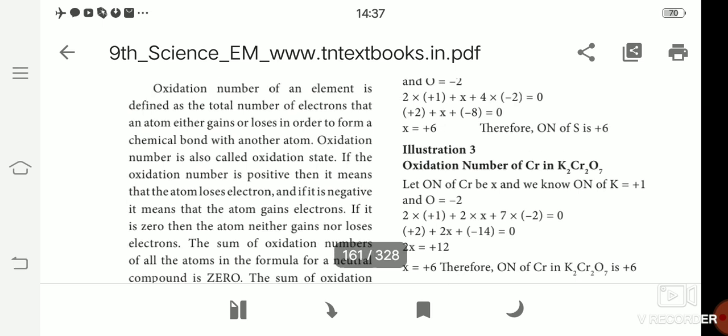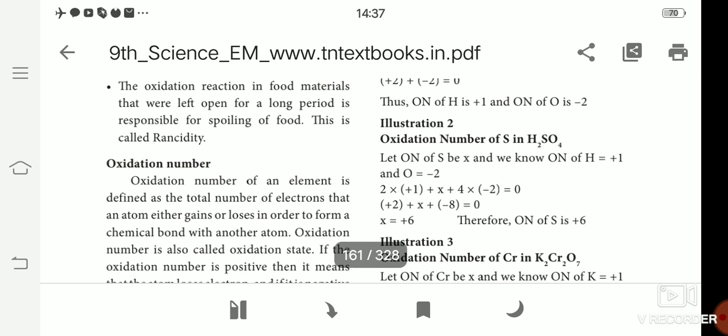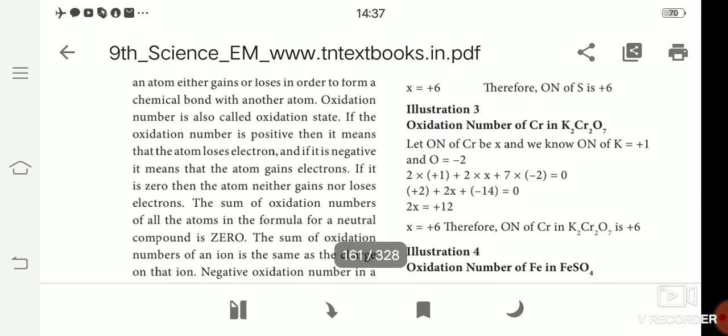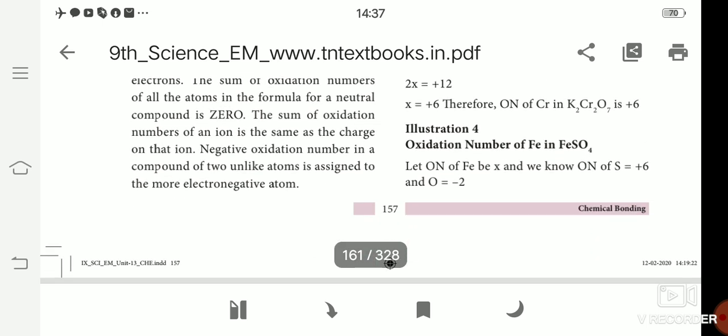The second example, sulfuric acid: the sulfur oxidation number is plus 6. The third, the chromium oxidation number, is plus 6. Then the fourth one, ferrous sulfate. In ferrous sulfate the elements present are iron, sulfur and oxygen.